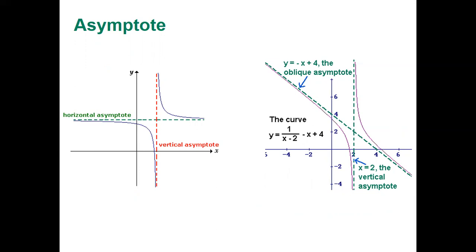So when you're defining it, you're defining what's happening to the graph from left to right, that's your domain, and from bottom to top, that's your range. They're your boundary lines, your asymptotes. They're what you're approaching, but not crossing.